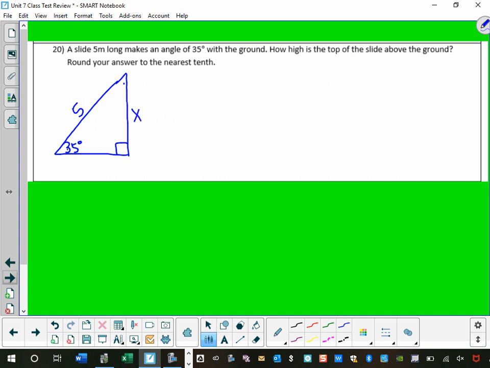This is my X. So I'm going to circle my angle and figure out which trig function I should use. X is going to be opposite, 5 is going to be the hypotenuse. It's going to be sine. Sine of 35 is equal to X over 5.